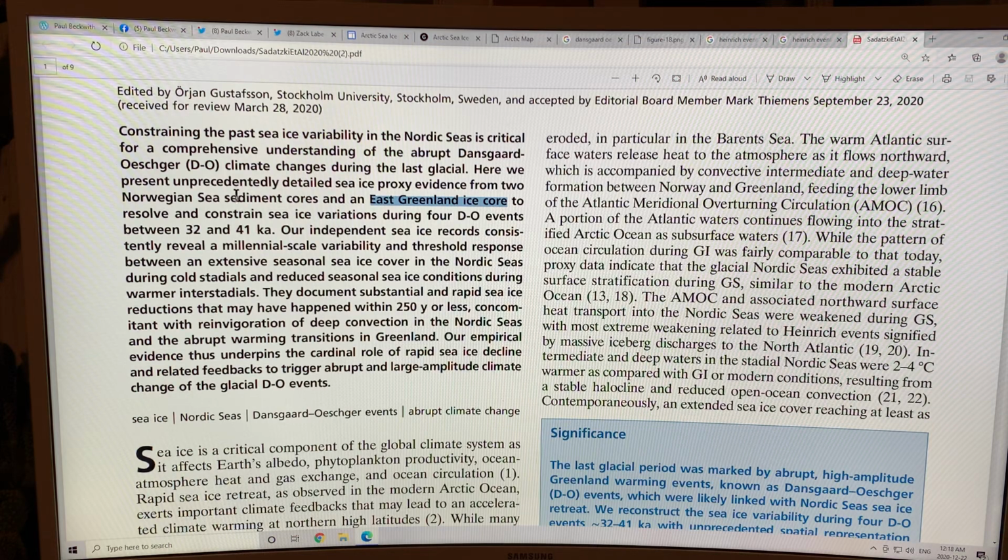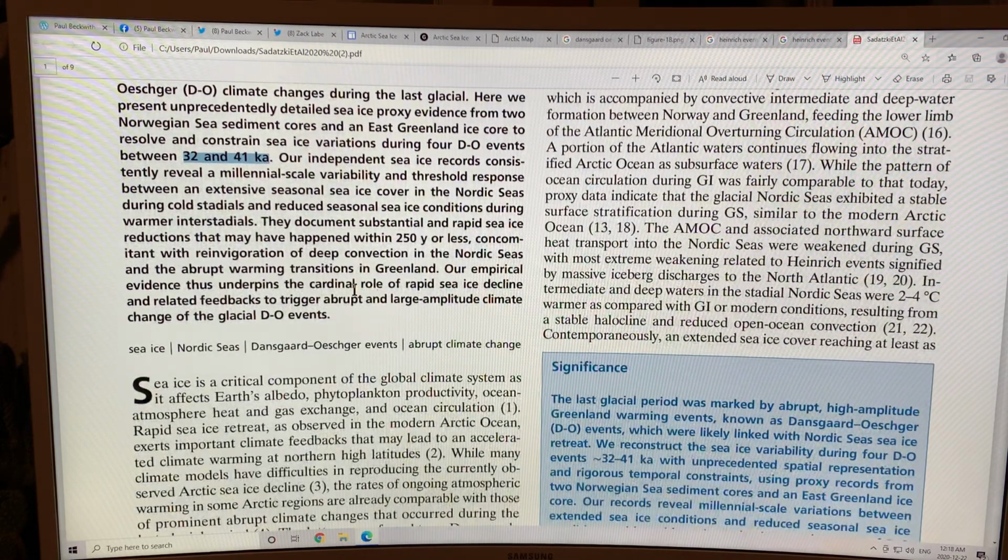And the sediment cores, they determined from biomarkers that were in the sediments, so dating the sediments, matching the sediment cores to the ice cores over this time period, where there were 4 or 5 sharp temperature spikes. They found out what the sea ice would look like before and after those spikes. And the sea ice was very important, of course.